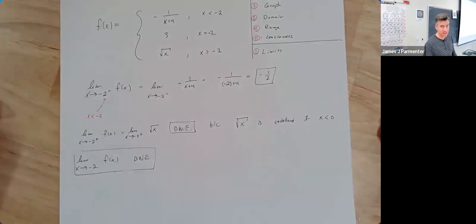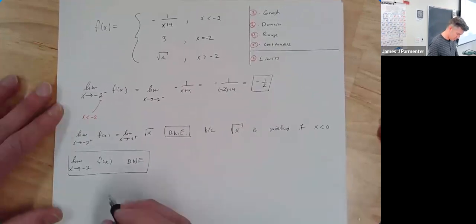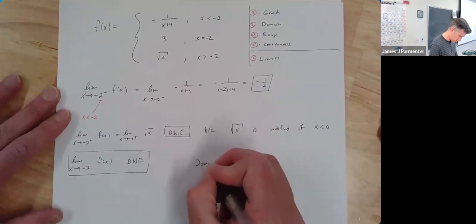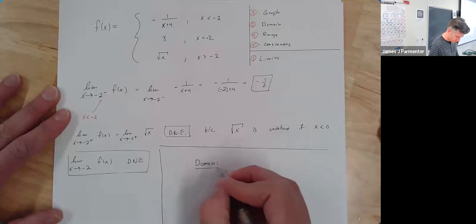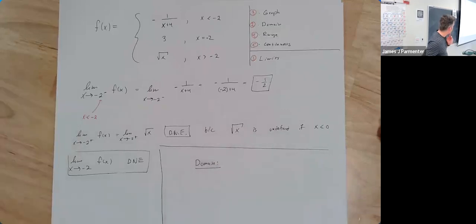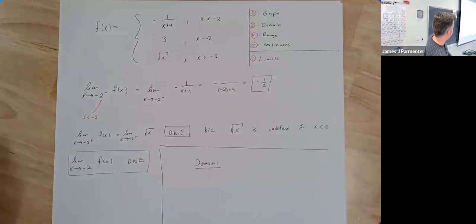And personally, next, I would think about domain. So I think one question that has been throwing people off with this kind of question a little bit is this: is the function defined at the place where we're changing from one piece to another? Is this defined when x is equal to -2?